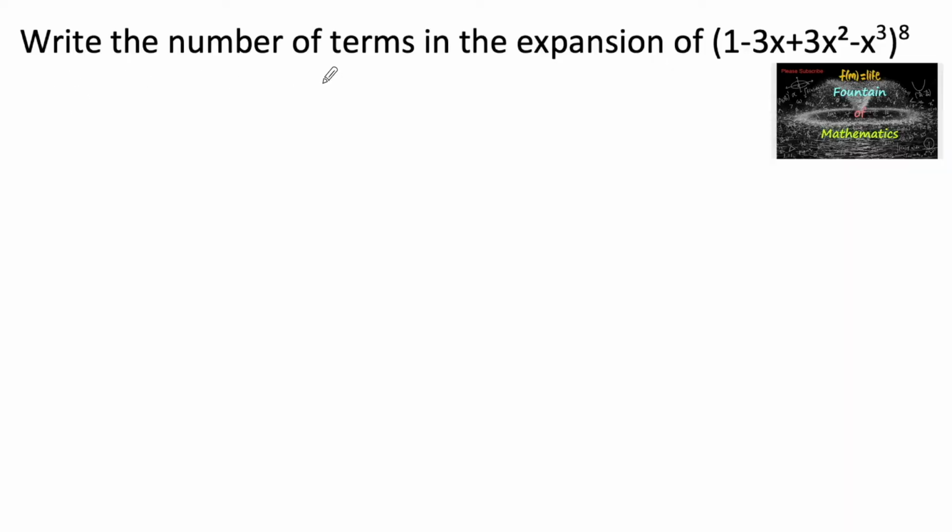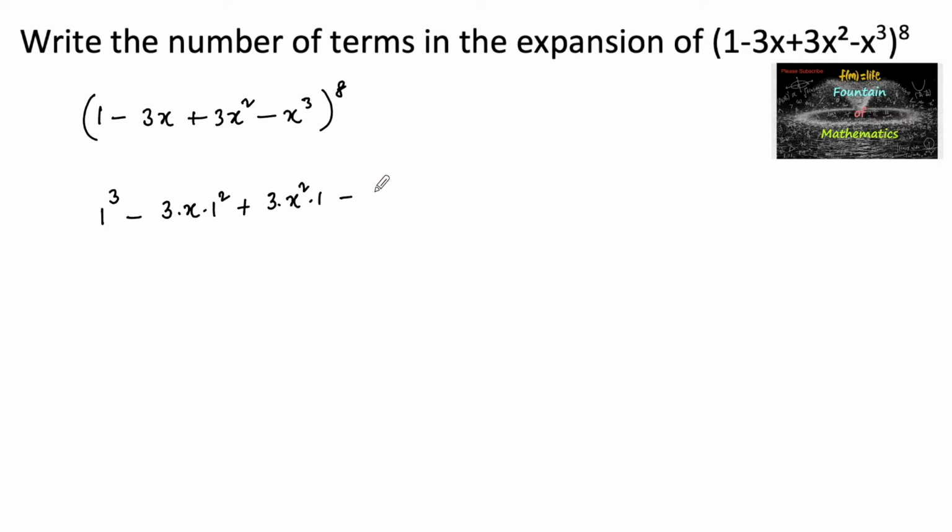Write the number of terms in the expansion of (1 − 3x + 3x² − x³)^8. Let us simplify this. We can write this as 1³ − 3 into x into 1², plus again 3 into x² into 1 − x³, whole to the power of 8.